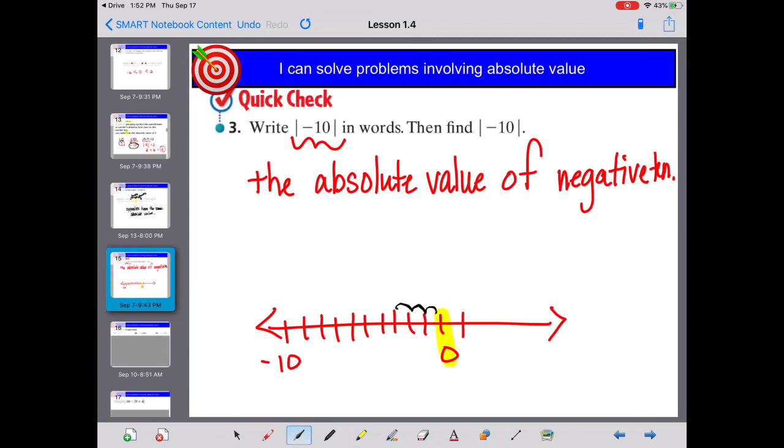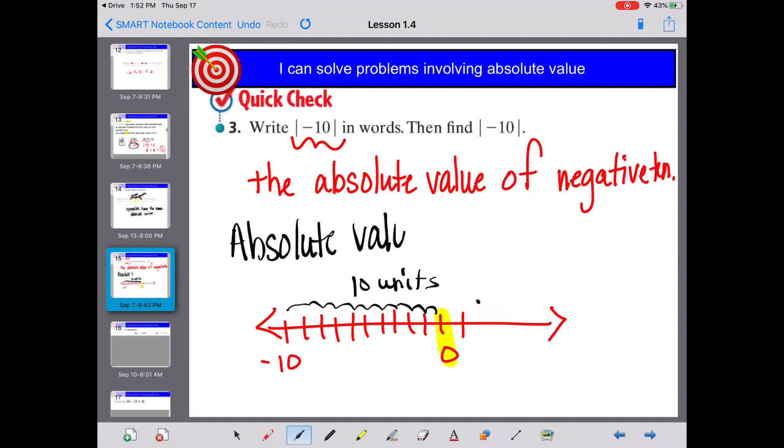When I count it out, I get 10 units. Absolute value will never, ever be negative. Write that down. Absolute value is always a positive number.